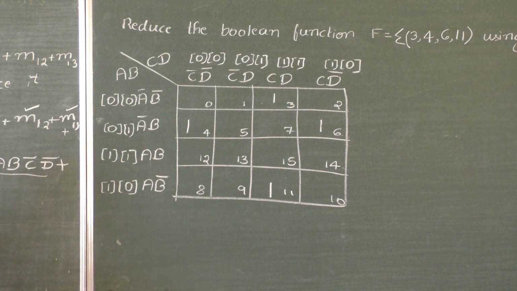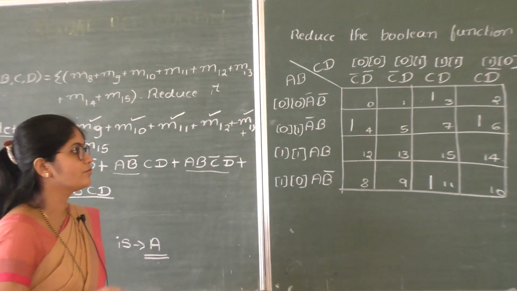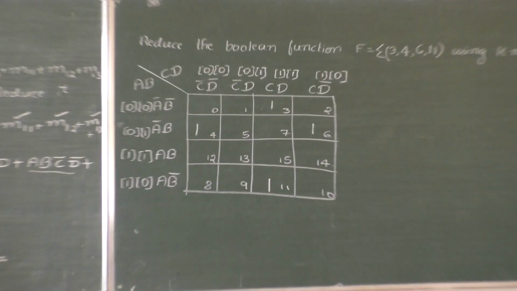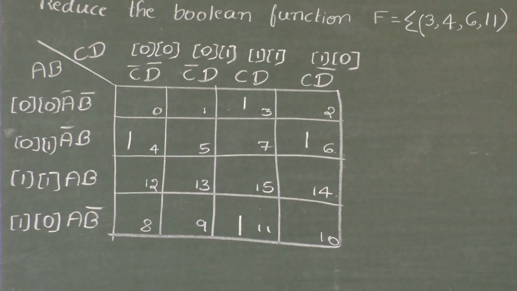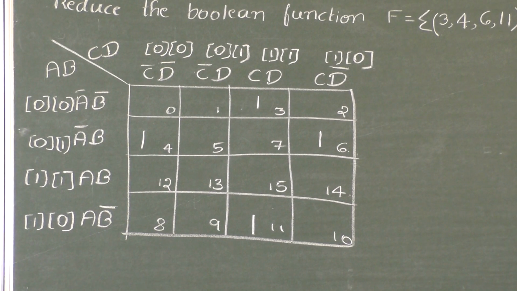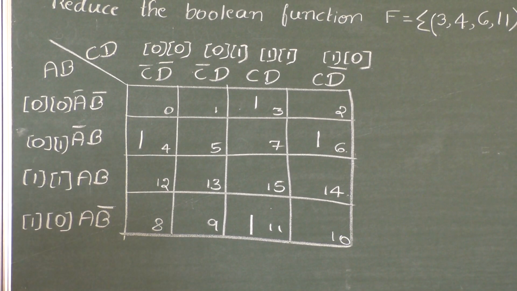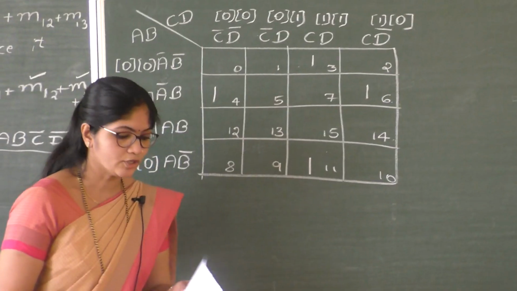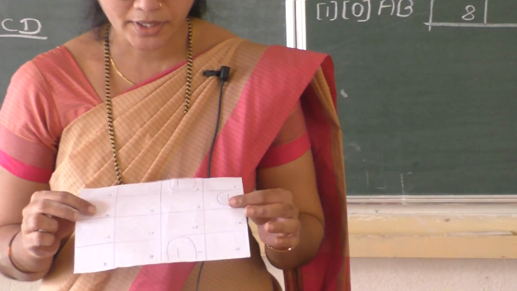Now we know that while forming the groups, search for octaves, then for quads, then for pairs. So to form the groups, we can roll the map. To make you understand, I will use the paper.